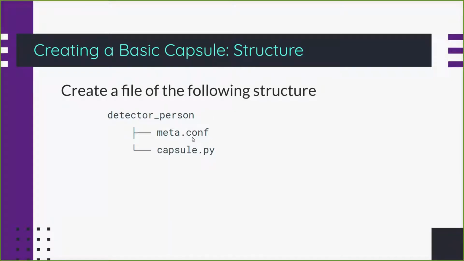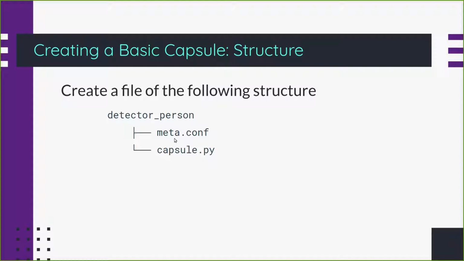A meta file, which contains the API version for that capsule, so that BrainFrame can check to make sure it's compatible with this version of the capsule spec. And the second thing BrainFrame will look for is a capsule.py. It will search for a Python file called capsule.py and run it, and then extract an object called capsule.